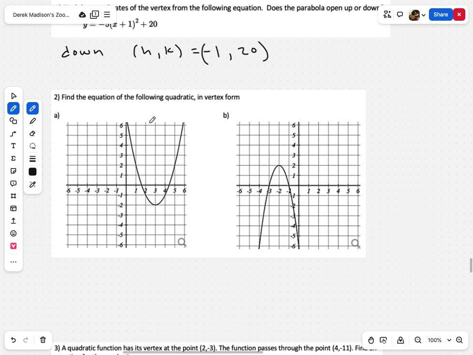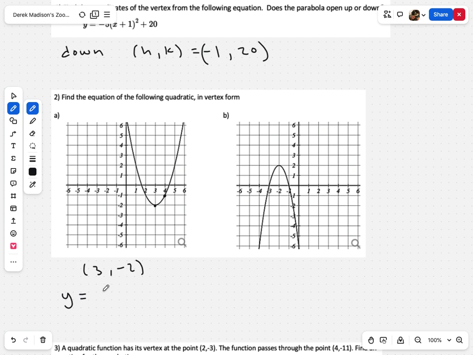This next question is asking us to find the equation based on the graphs. I think we probably did this in the last section, but it's just kind of a reminder of vertex form and how that works with a graph. So the vertex on this one is going to be positive 3, negative 2, and if we look on our graph, it's going over 1, up 1, so there's no negative in front because it's opening up, and there's no stretch because it's only changing by 1 unit like our parent function.